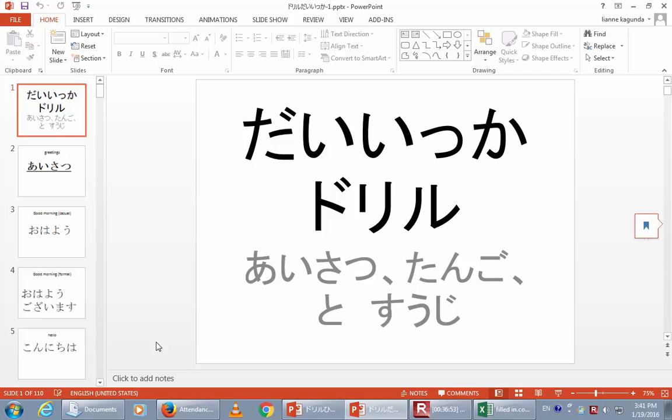Goji, not the berry. This is 5 o'clock. Okay, go means 5, and ji means o'clock, literally. So it's goji, 5 o'clock. Go, not the dance or the boots. Go actually means PM.